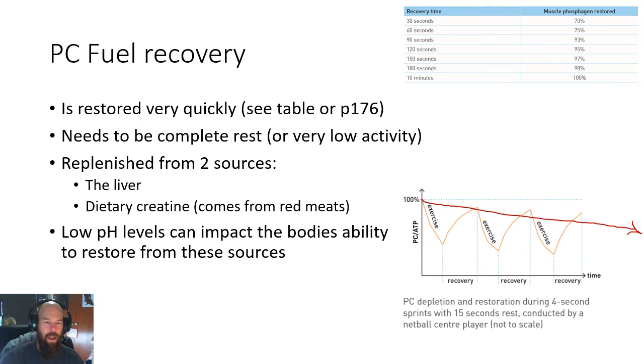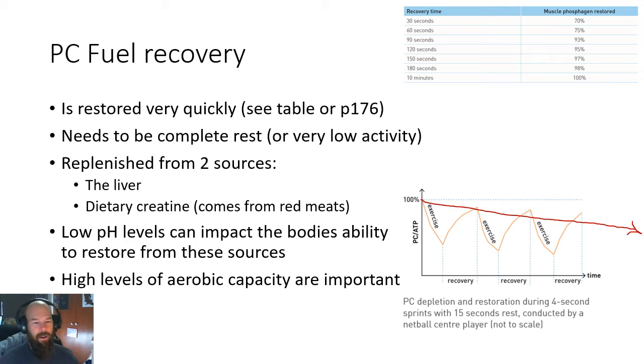Okay, so having a high level of aerobic capacity is going to help you because it means that it can metabolize all those byproducts from the anaerobic glycolysis system a lot quicker, which means recovery will also happen a lot quicker.